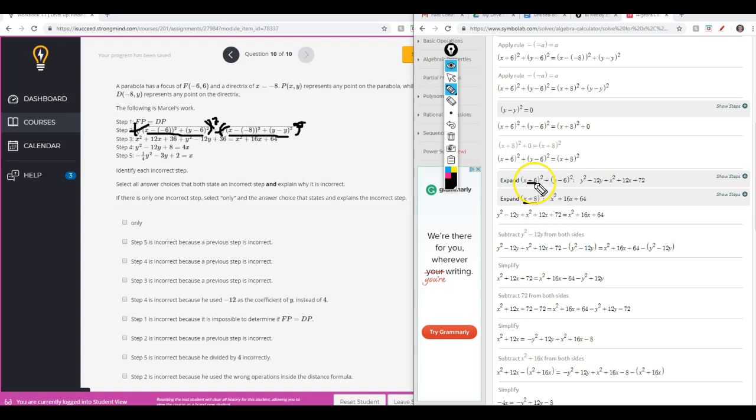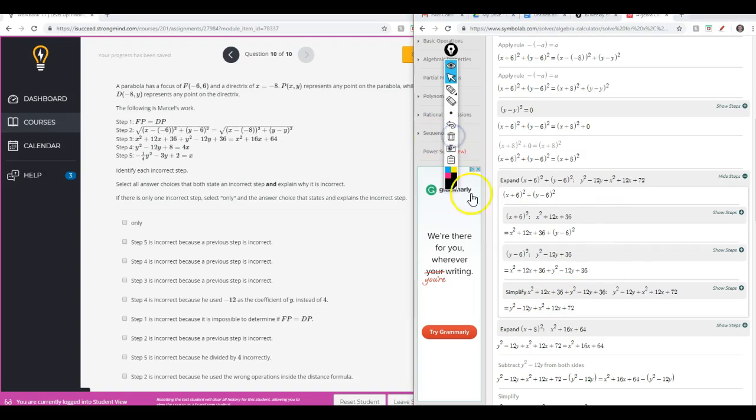So the (x plus 6) and (y minus 6) squared being expanded, here are the steps. We have x plus 6 squared is x squared plus 12x plus 36, and that's where that shows up at the very beginning. And then we have this y minus 6 squared, and it expands out to be y squared minus 12y plus 36.